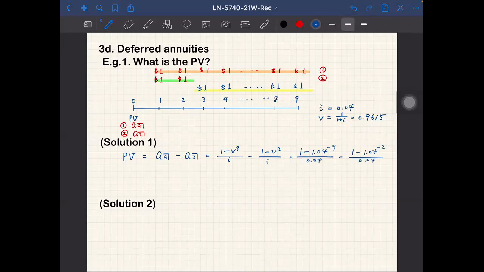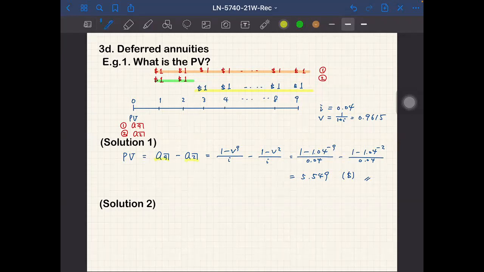So this becomes 5.549, about $5.55. So this is one way to solve this. For the 2-year deferred annuity, we just calculate a angle 9 and a angle 2 and take the difference.